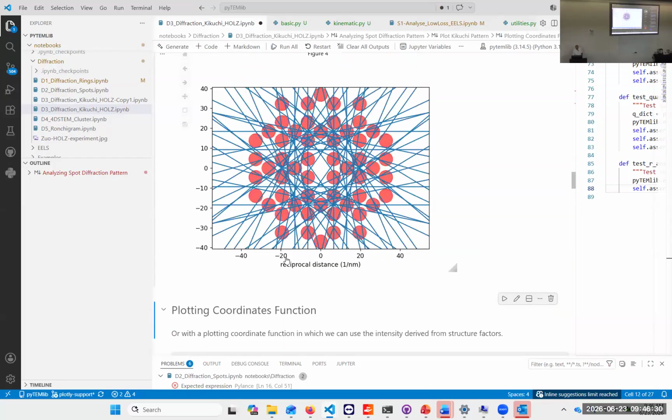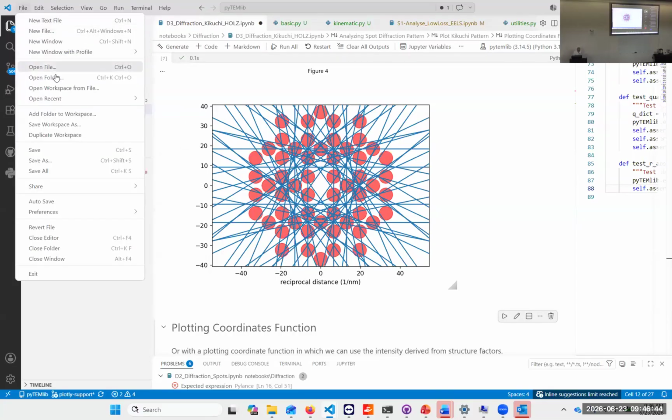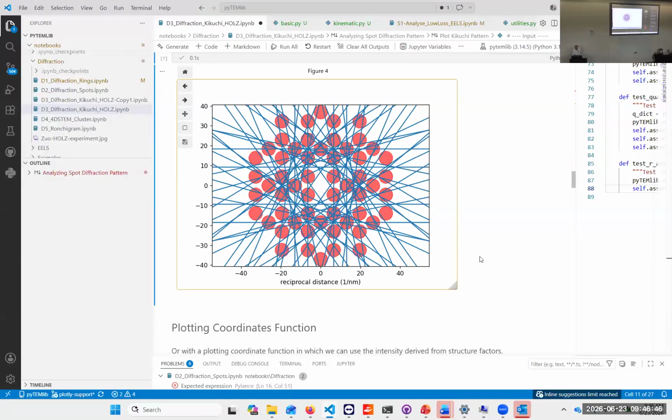We can plot the so-called Kikuchi lines. It's maybe not the best art to explain that. In PyTemlib, everything is directly calculated.